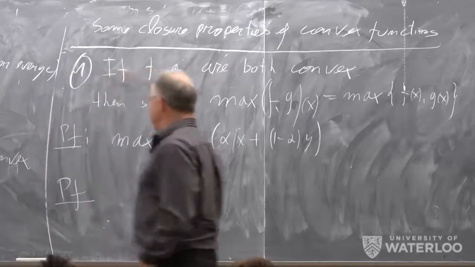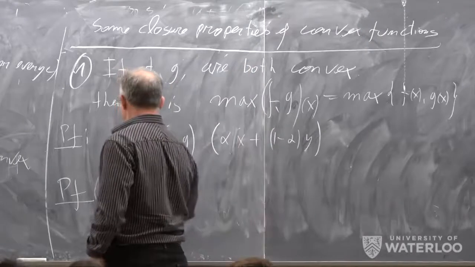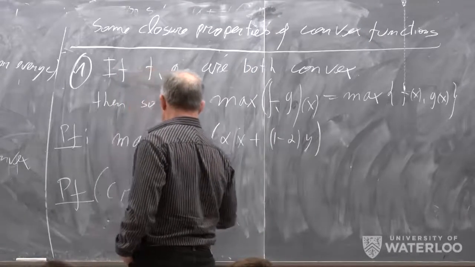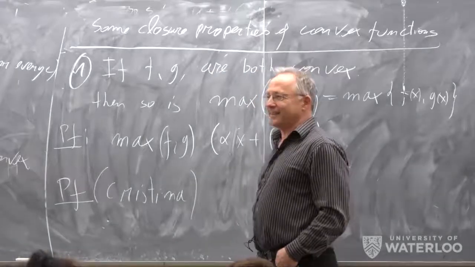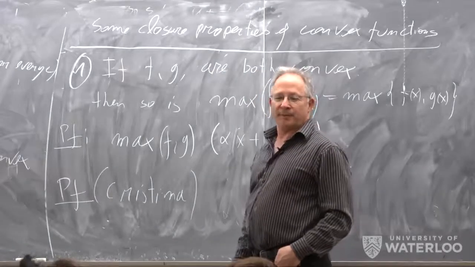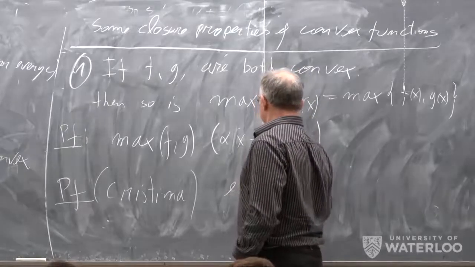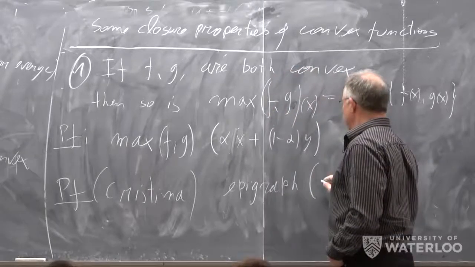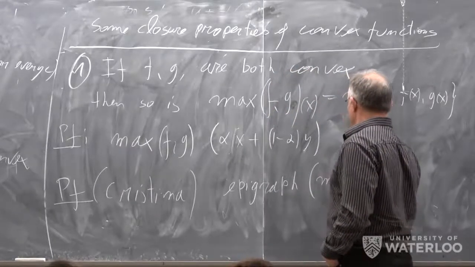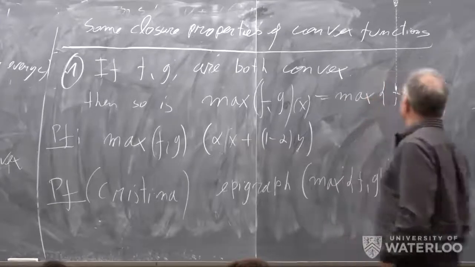So this is the Christina proof, that's the name, right? The Christina proof uses the property of the epigraphs. So the epigraph of the function max fg, what is it?